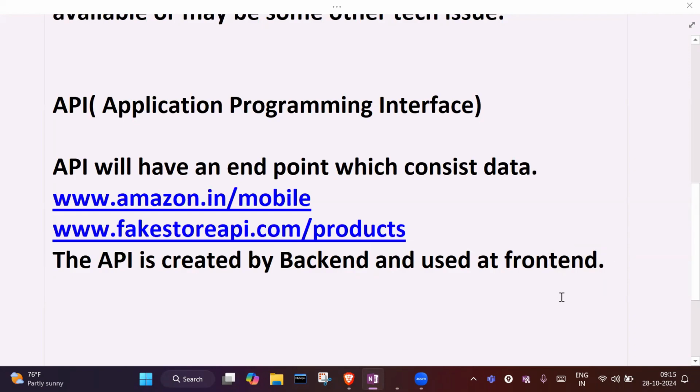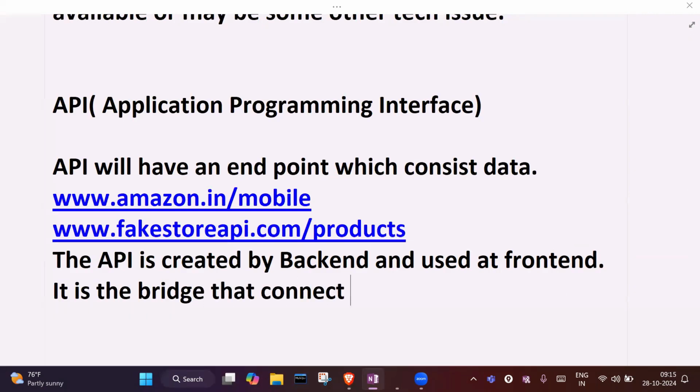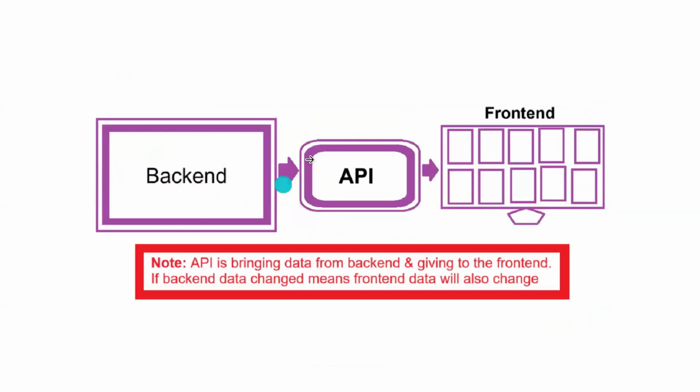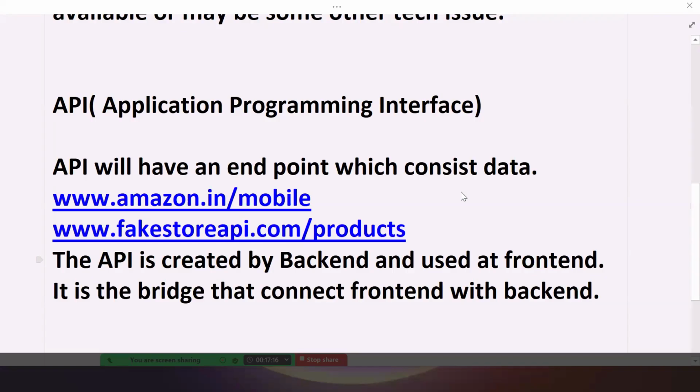So we can say it is a bridge that connects the frontend with the backend. API is one bridge which connects the frontend with the backend, right?